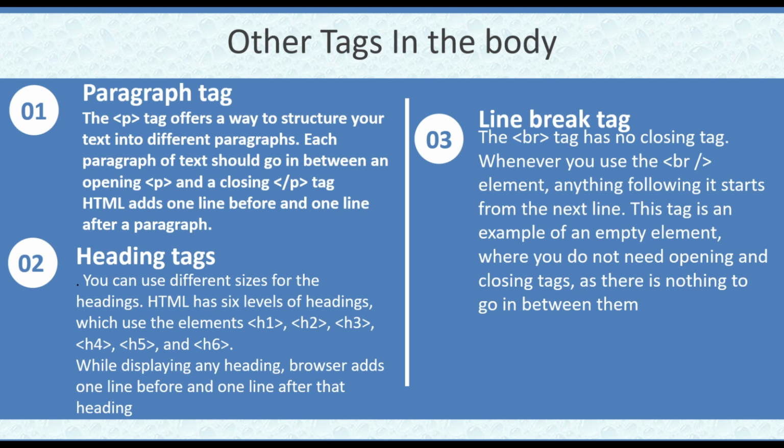So now we are going to discuss heading tags. With heading tags, you can use different sizes of headings. HTML has six levels of headings, which you use with the elements H1, H2, H3, H4, H5, and H6. We look at this a few moments later.